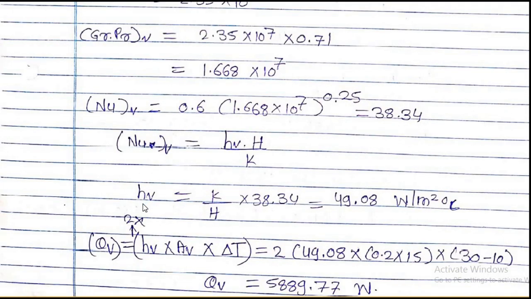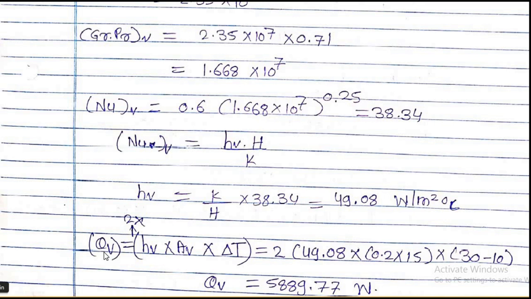We can determine the heat transfer coefficient for the vertical surface by rearranging this equation: h_V is equal to k divided by H multiplied by the Nusselt number. We get the value 49.08 watt per meter square degree Celsius for the vertical surface. Now we have to determine the heat loss by the vertical surface, or heat gain by the vertical surface.